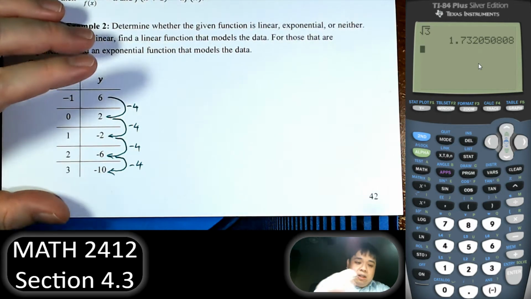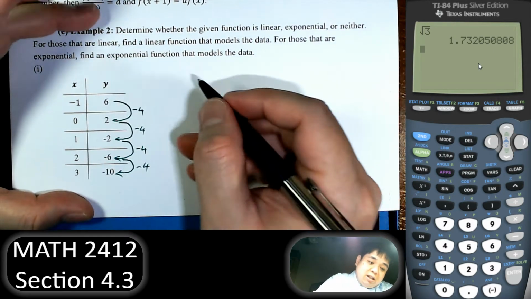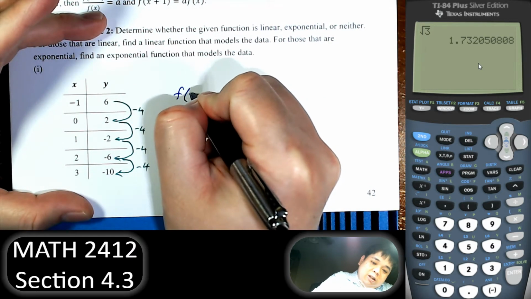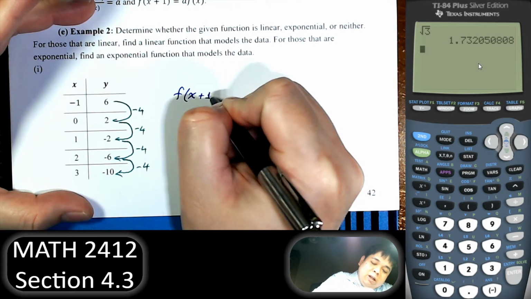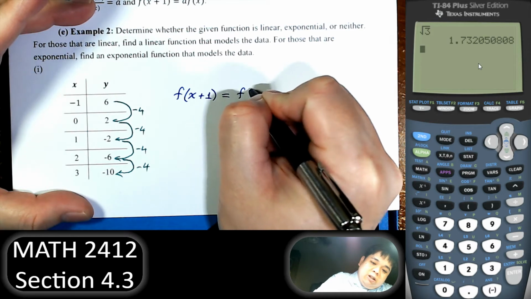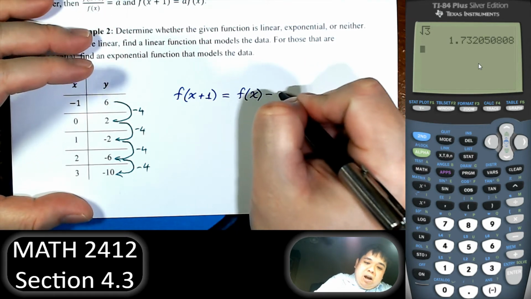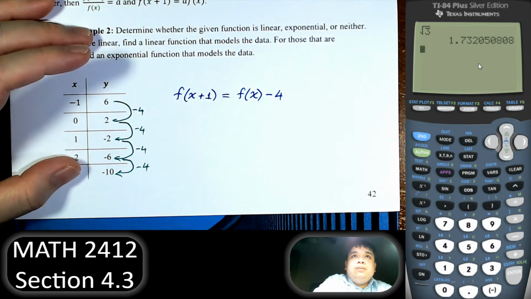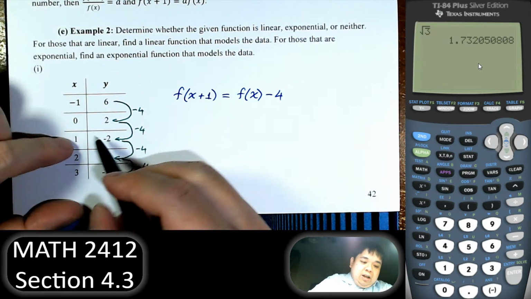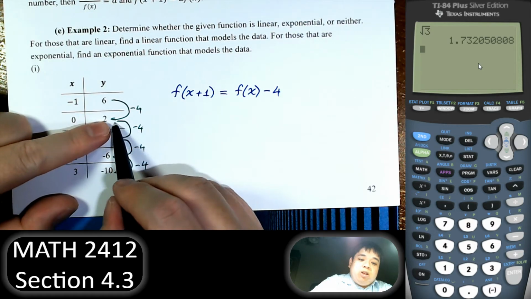So that means I can write the function of x plus 1 is equal to the function at x minus 4. The next one is equal to the previous one minus 4.